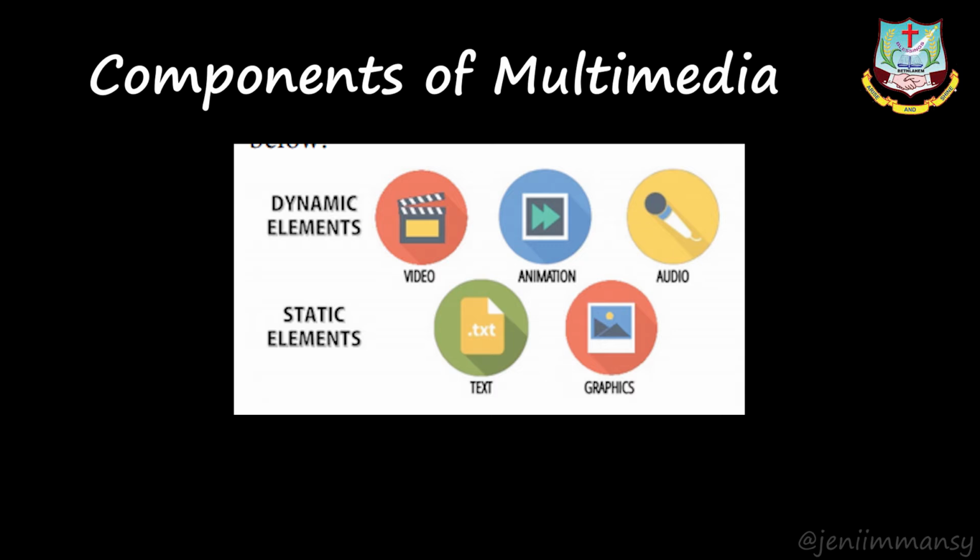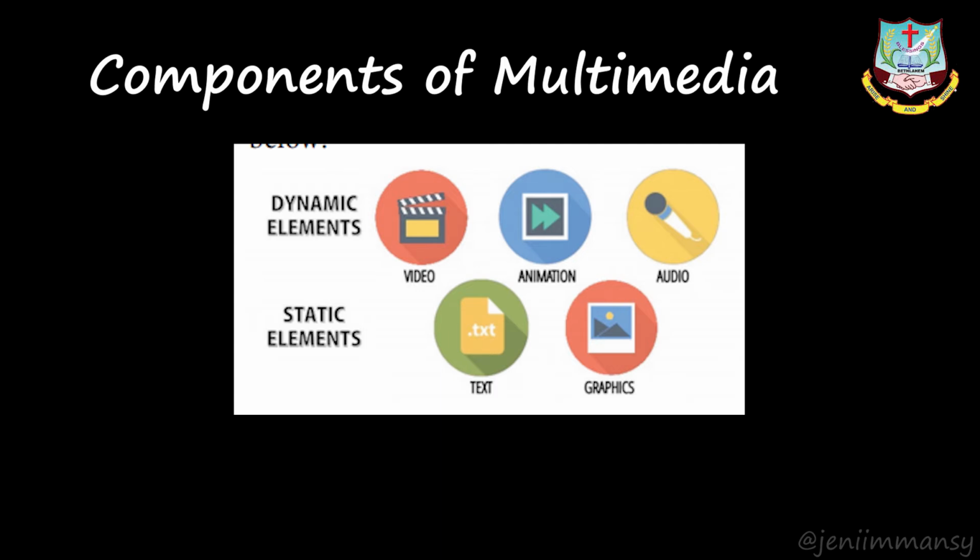Static means it is fixed, it won't be moving, and if it has any motion, it is a dynamic element. If you see a video, it will have movements, and those movements represent the information. When the video is playing, you will be able to understand the message it conveys.